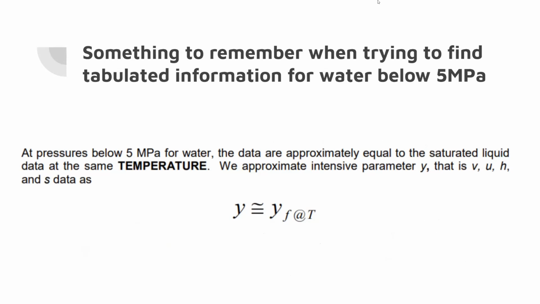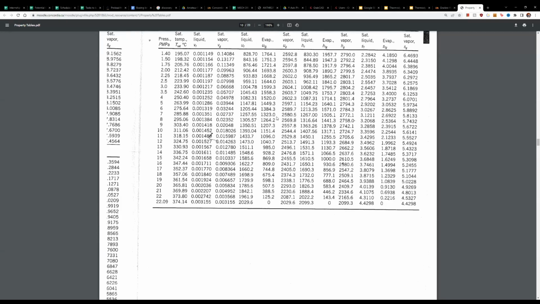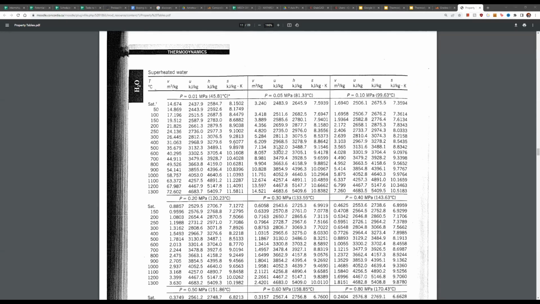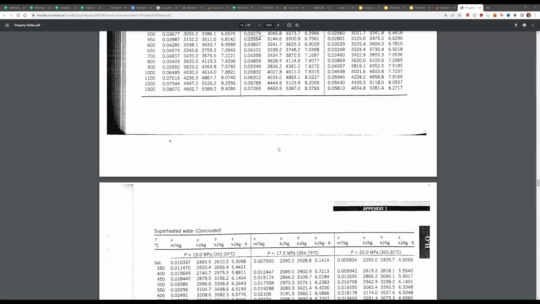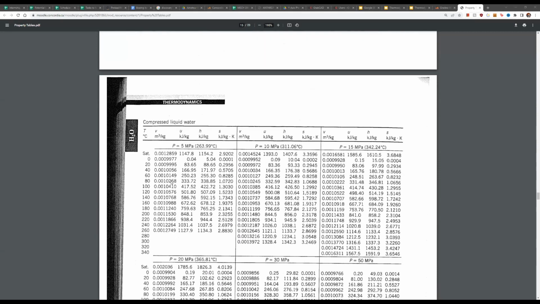So actually, let's just show the property tables. So yeah, right here. This is as low as it goes for pressure.